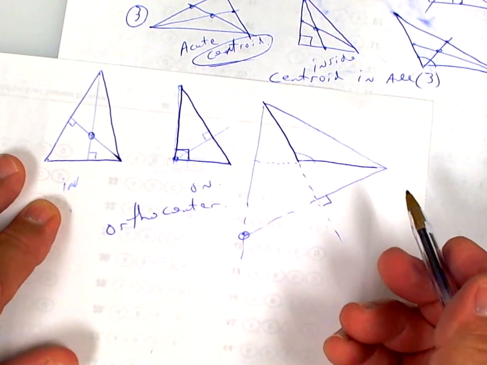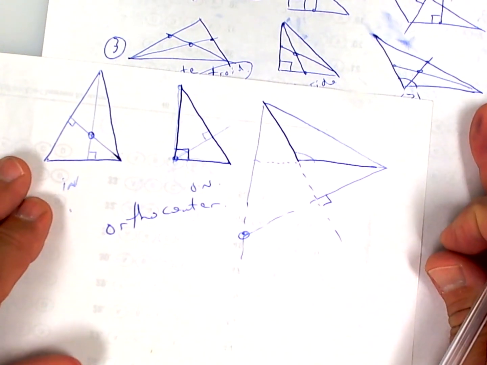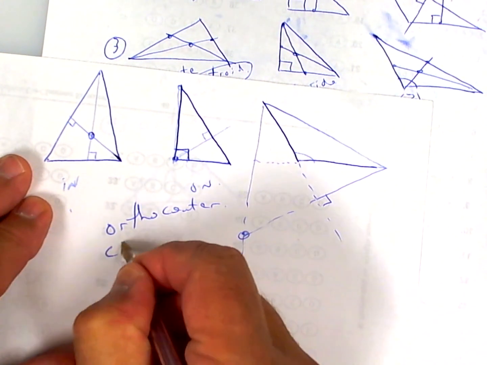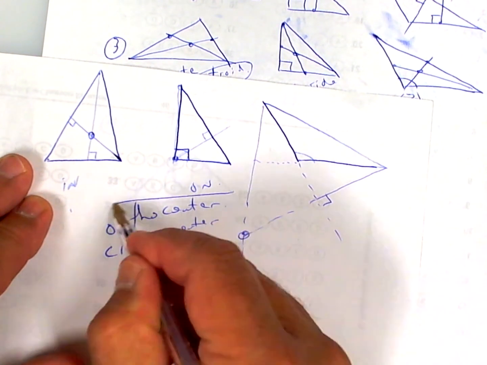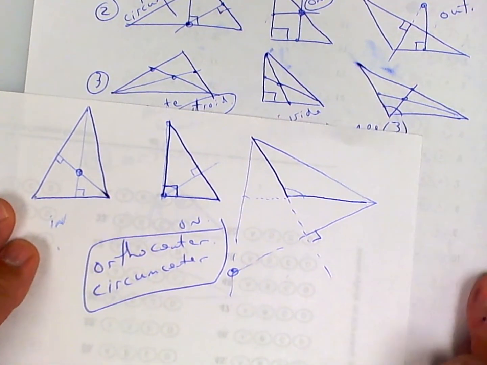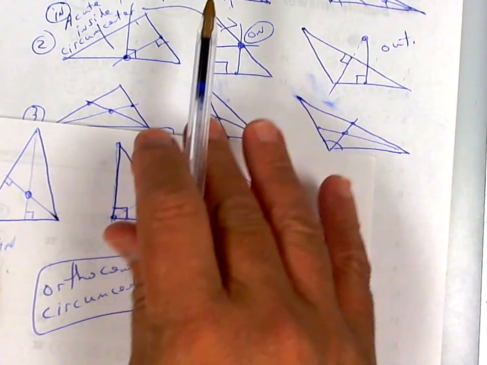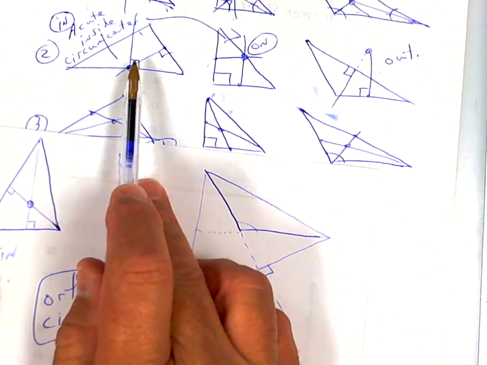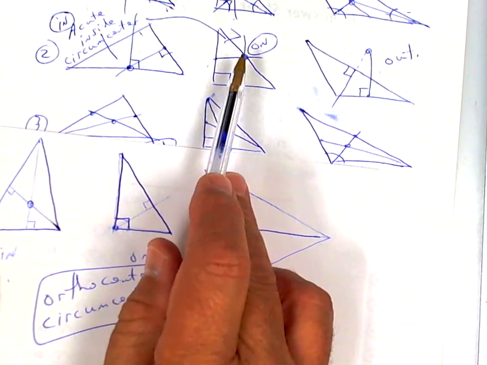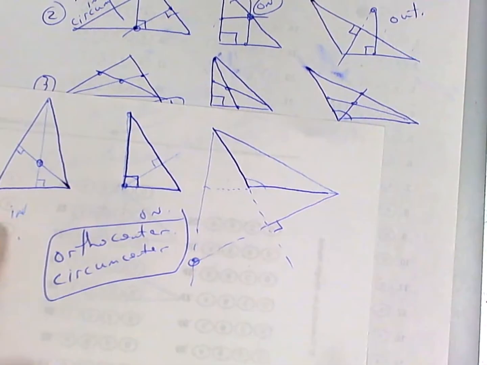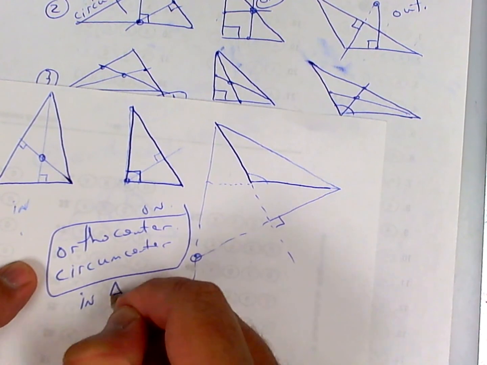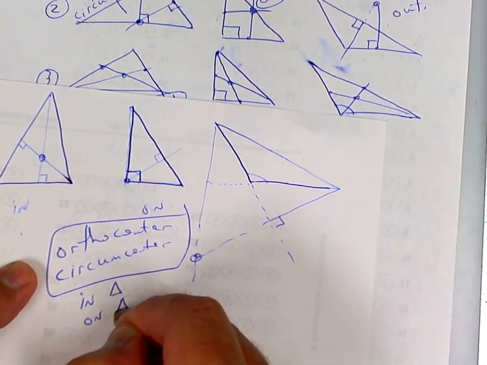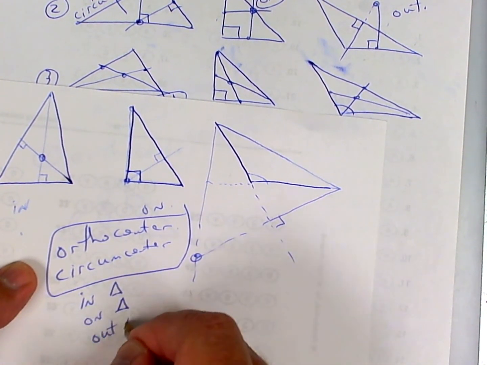And the circumcenter will be the same. Here's your circumcenter. It will be in, on, and out. These are the only two that are in the triangle, on the triangle, and out of the triangle.